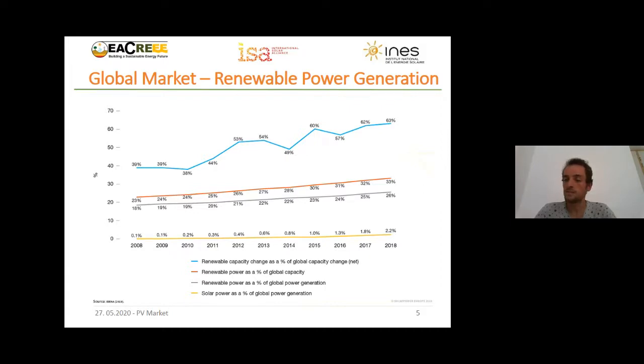And this number should have increased in 2020. So I'm pretty sure we are close to 3% now, at the end of 2020. So this curve is growing dramatically in the next years, and this is a good hope for the global electricity system in the world.